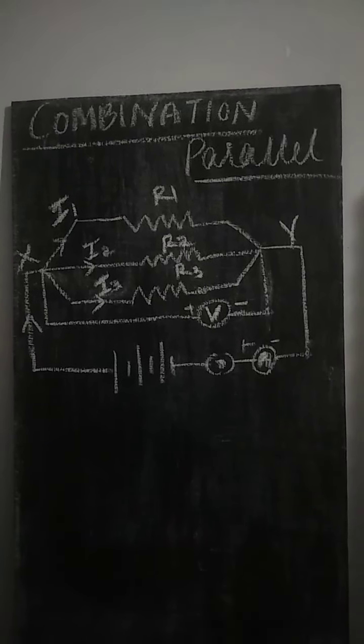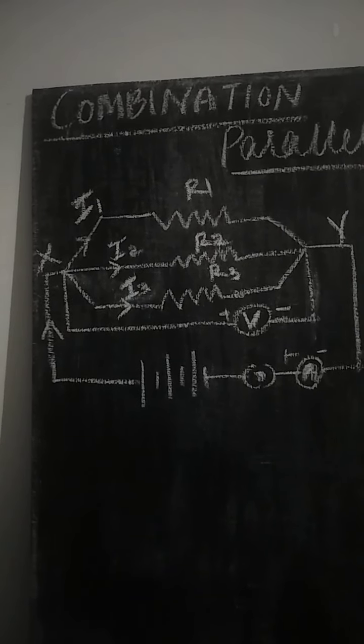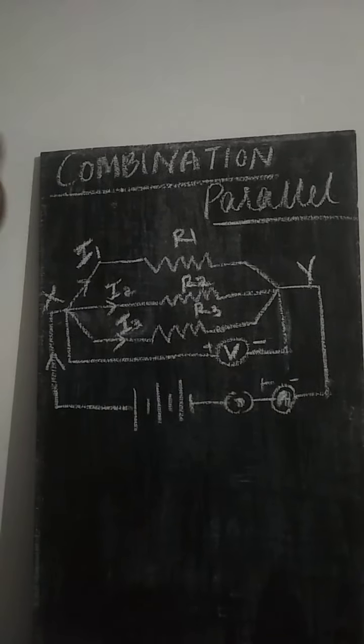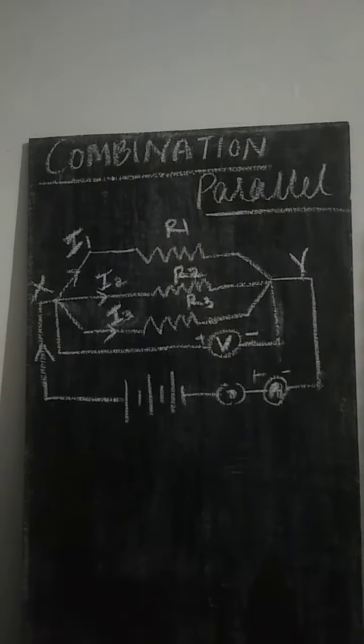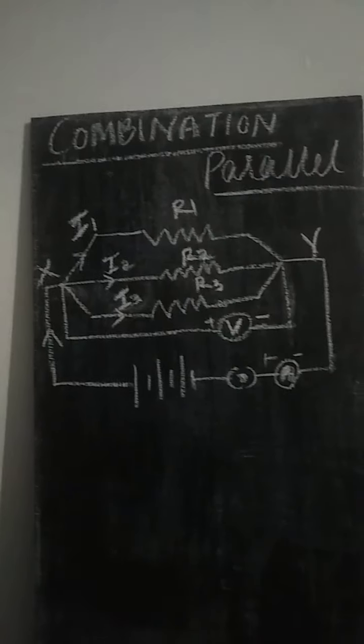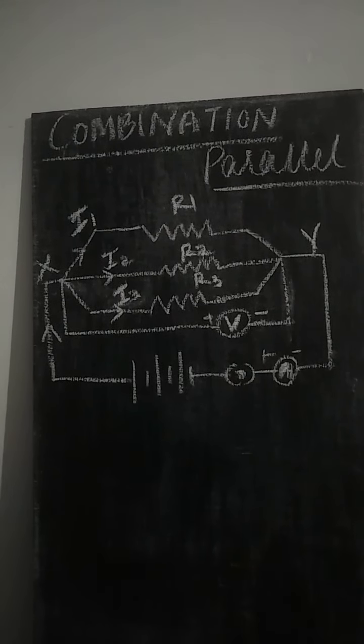And today we will discuss the combination of resistances in parallel mode. Here I have already drawn the schematic circuit of the resistances R1, R2 and R3. They are connected in parallel mode. And parallel in the sense, look at the picture.